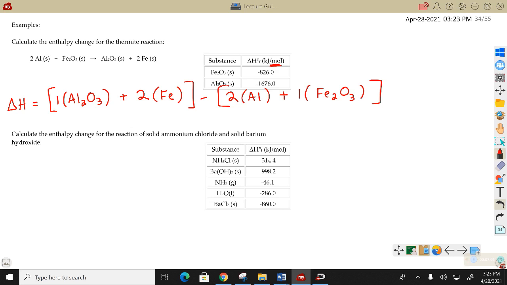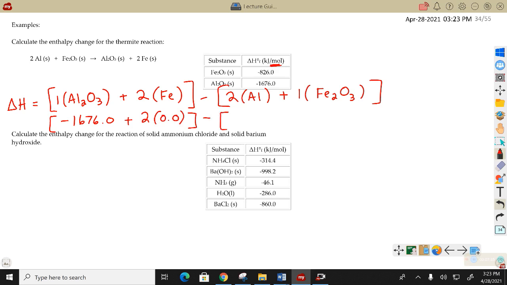Now I can just sub the numbers in. So if I plug the numbers in, I'm going to have 1 times the aluminum oxide, which is negative 1,676.0 kilojoules, plus 2 times 0. It's an element that is occurring naturally. Products minus reactants.